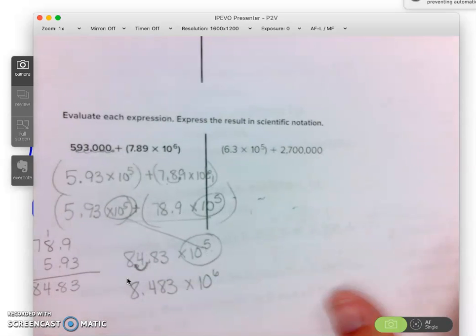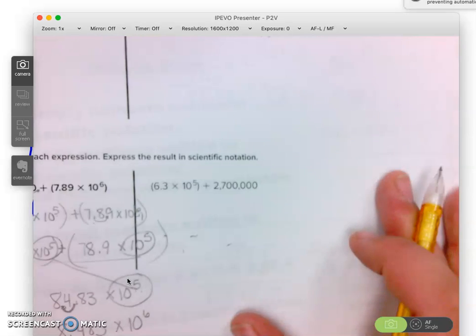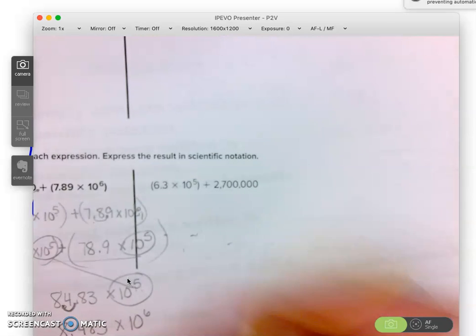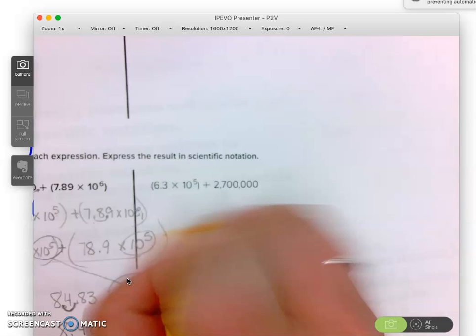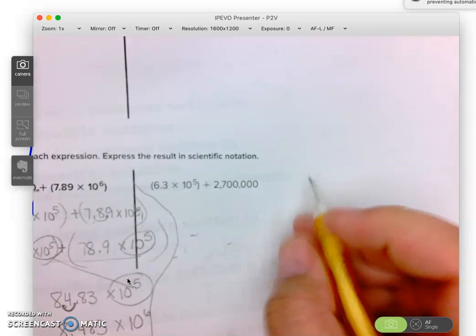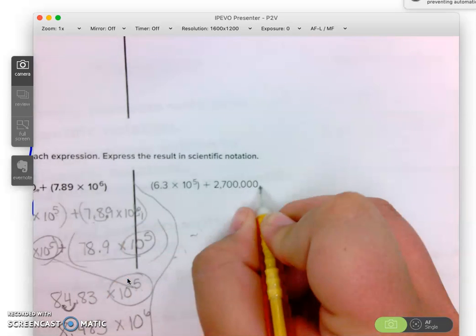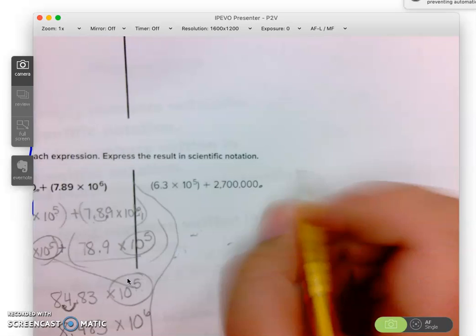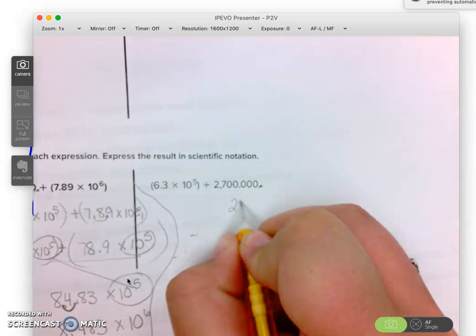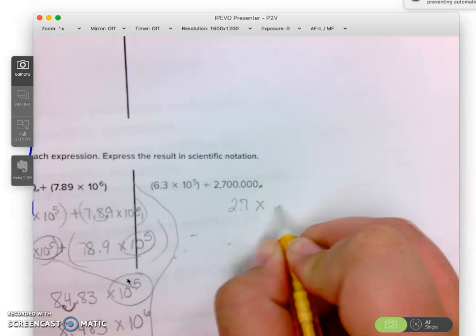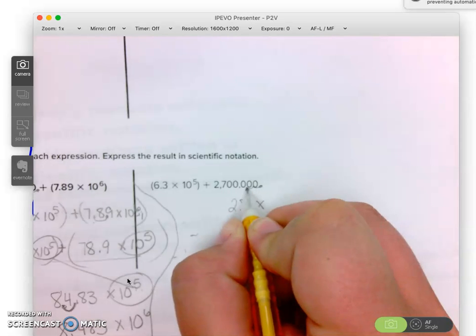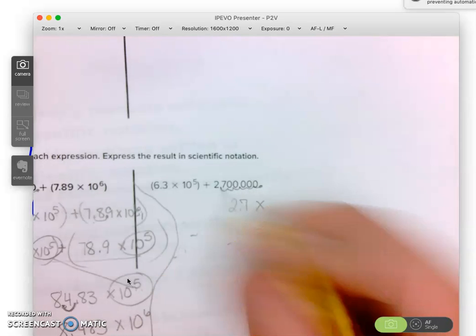Okay, and then our last one that we're going to do here. Again, these two are not the same, so I need to make them the same. So this number here is my invisible decimal. I need to get it to 2.7. So times, and then 1, 2, 3, 4, 5, 6.